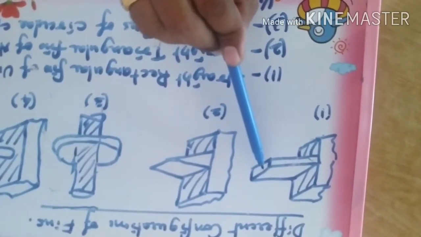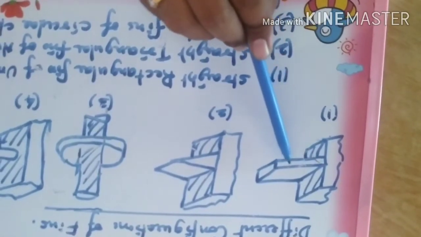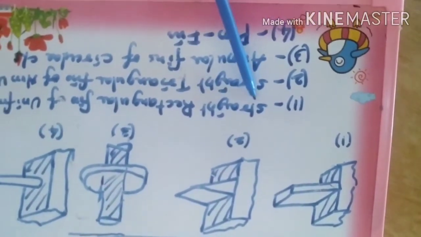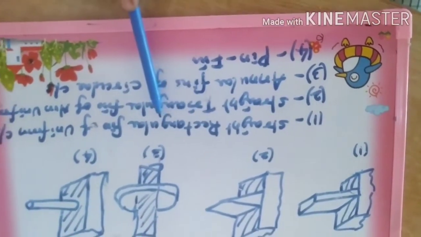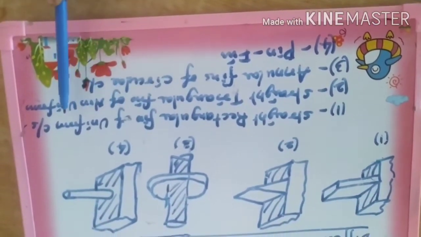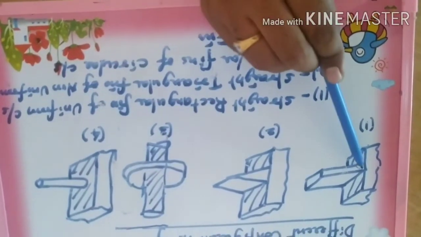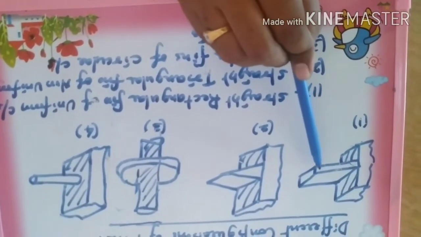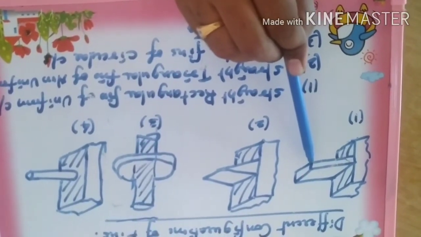What is its cross-sectional area? You can see it is a uniform cross-sectional area. That is why it is called a straight rectangular fin of uniform cross-section. Here the area of the fin is uniform throughout its length, and the cross-section is a rectangle.